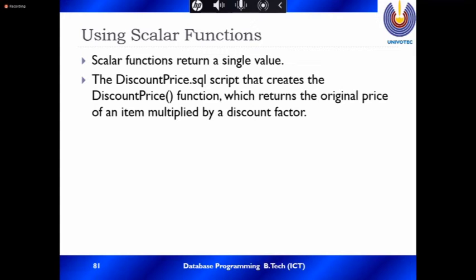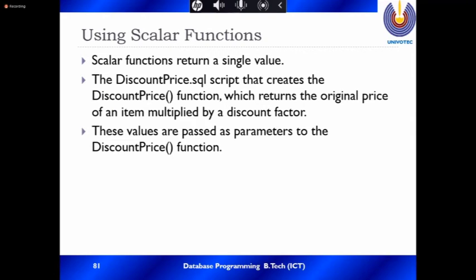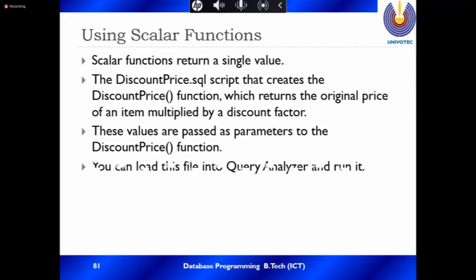This SQL script creates the discount price function, which returns the original price of the item multiplied by the discount factor. The original unit price is there, and you want to multiply it by the discount factor. These values are passed as parameters to the discount price function.